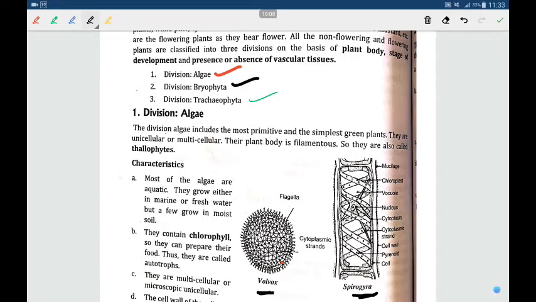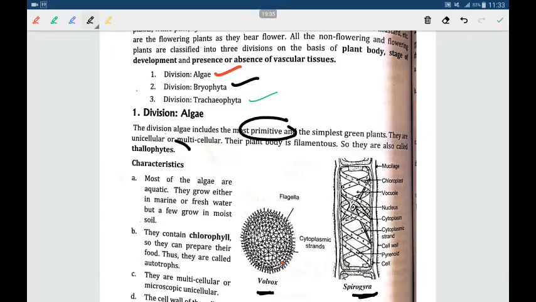They are unicellular or multicellular plants, but very primitive. What is the meaning of primitive? Very small and undeveloped plants, and we will now discuss their characteristics.